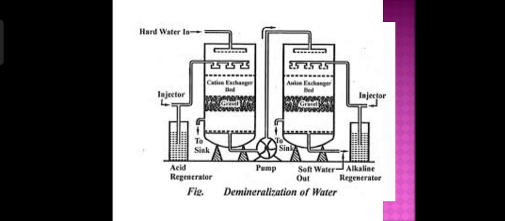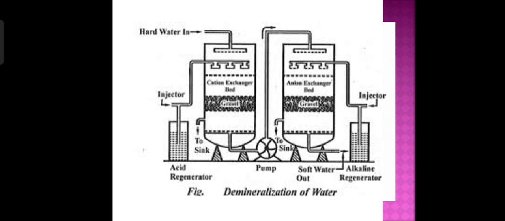Now what will happen after 14 to 16 hours or 10 to 14 hours, depending on the impurities present in the hard water? The topmost layer of the cation exchanger and the anion exchanger will be choked up. So further the water cannot come in contact with the anion exchanger or cation exchanger to carry out the process of softening.